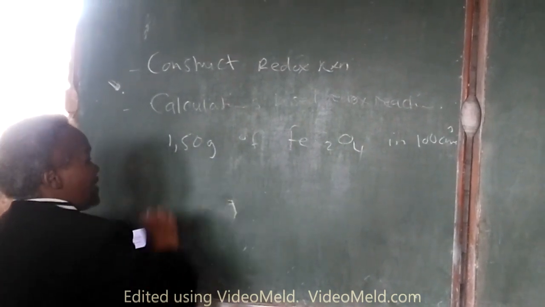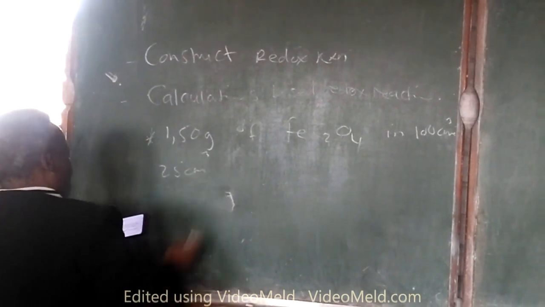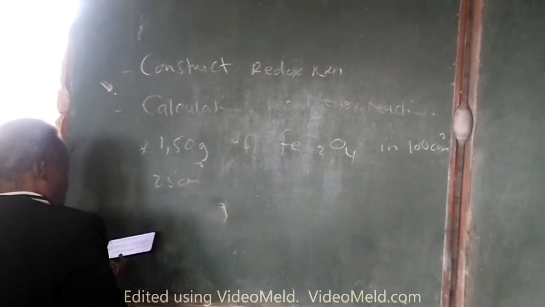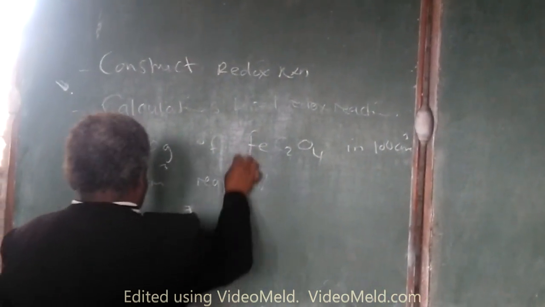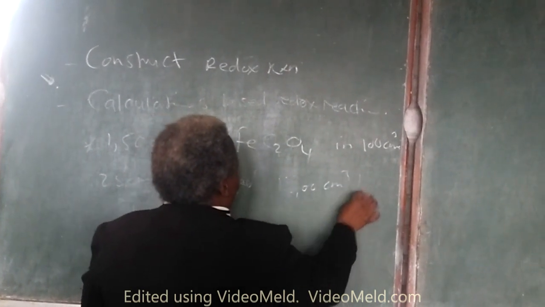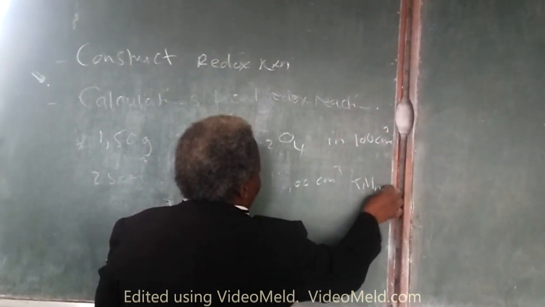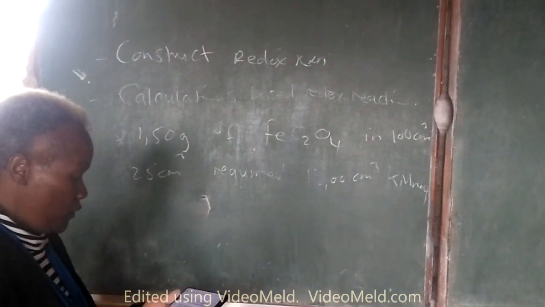And then of that sample, 25 cubic centimeters was taken, and it required 15 cubic centimeters of potassium permanganate for complete reaction.